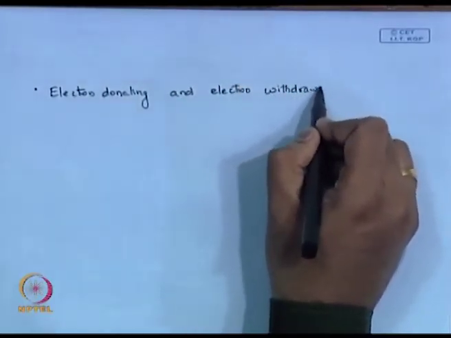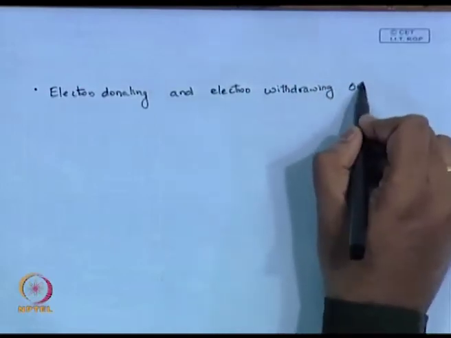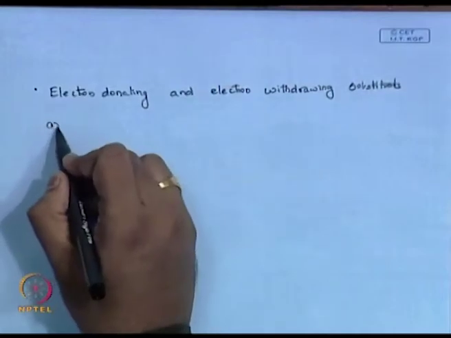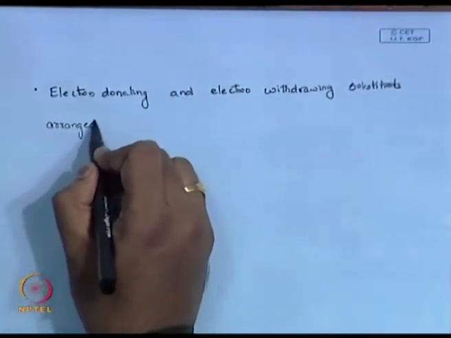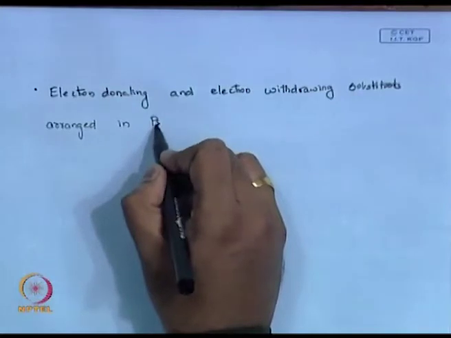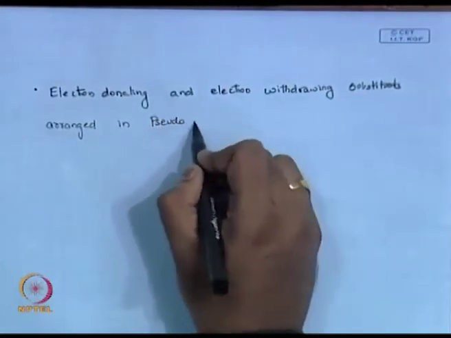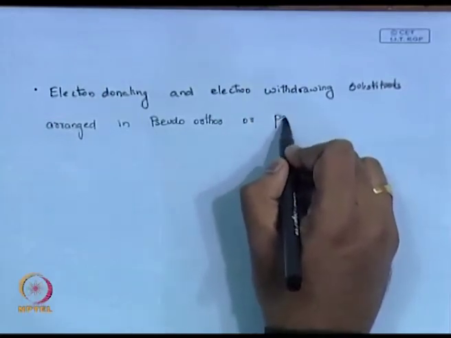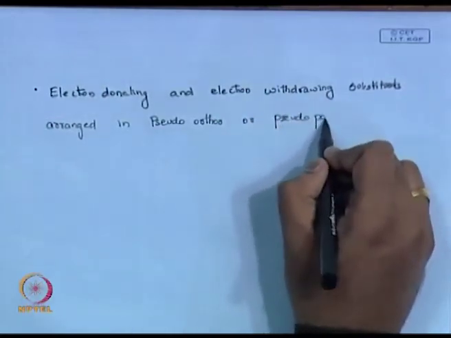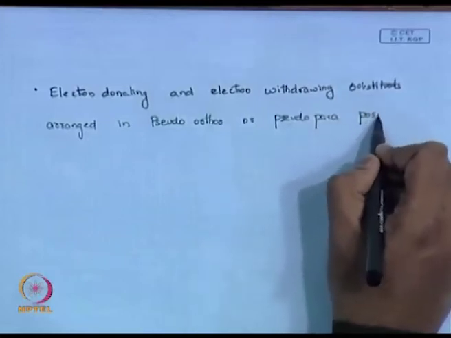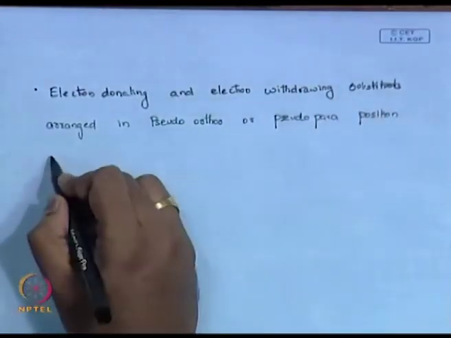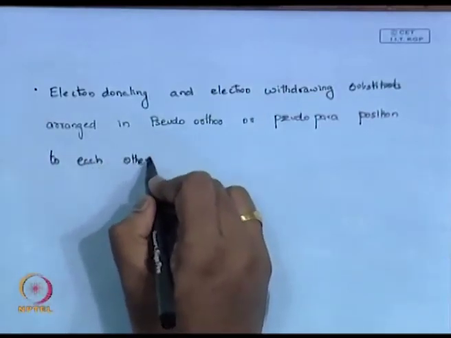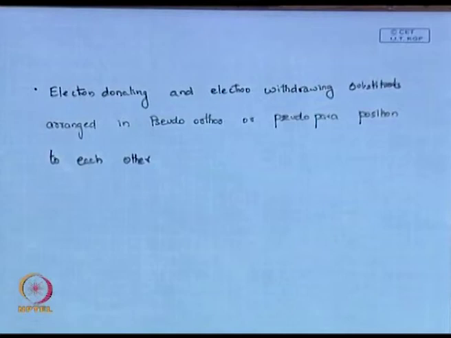Electron donating and electron withdrawing substituent prefers to arrange in pseudo ortho or pseudo para position to each other. So, that you can do this generalization.